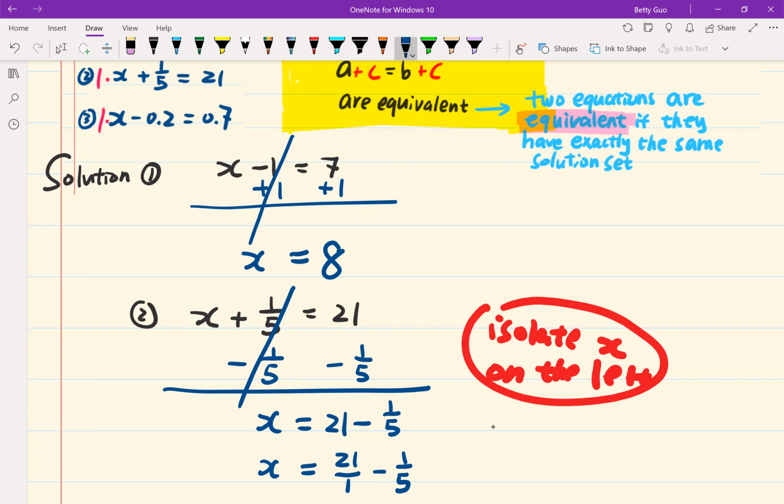Yes, this is the 1, this is the 5, right? What is the LCD, the least common denominator? What's the least common multiple of 1 and 5? 5. Special case number 1, right? 1 and 5, 5 is the multiple of 1. LCM is the bigger number, okay?